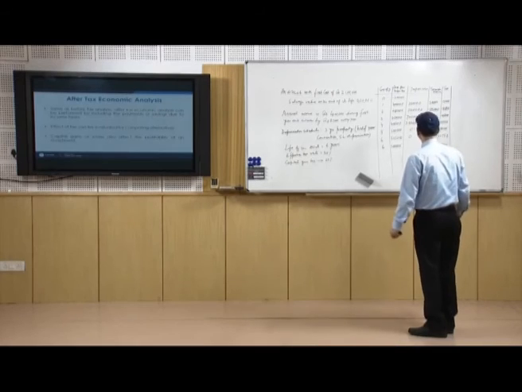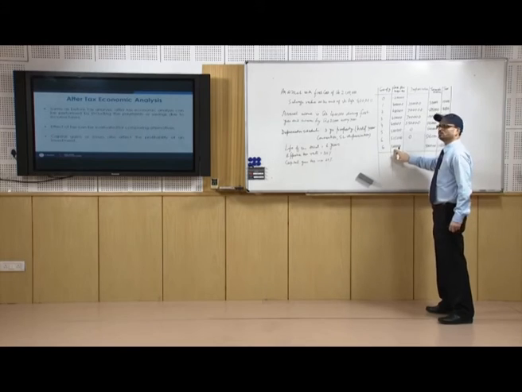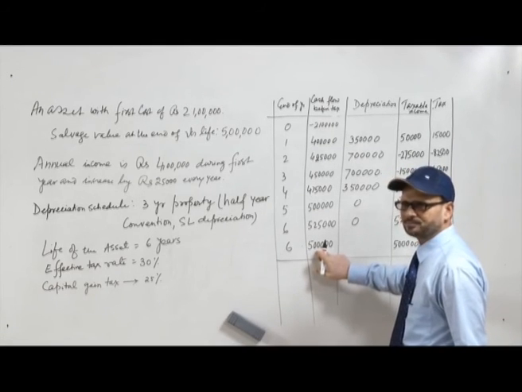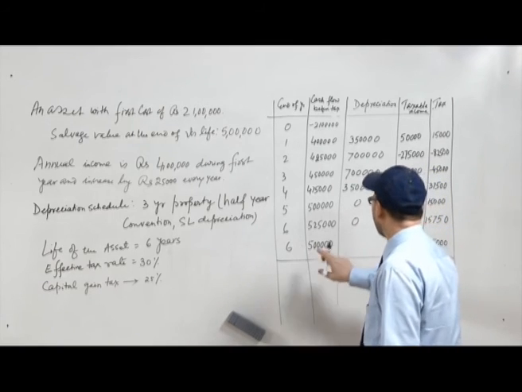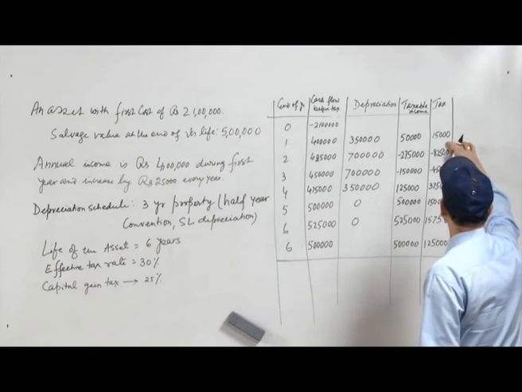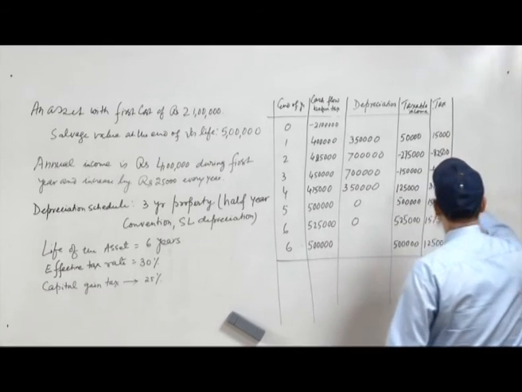This way the capital gain which is realized at the end of its life has to be taken into account. These are the savings and these are the taxes which you are paying.